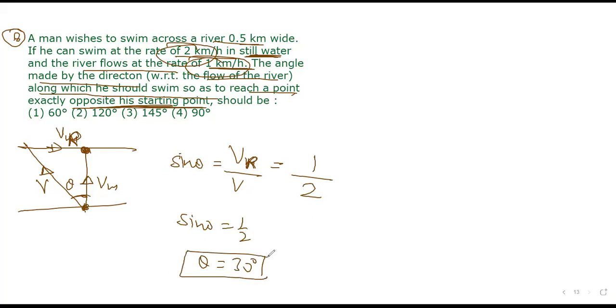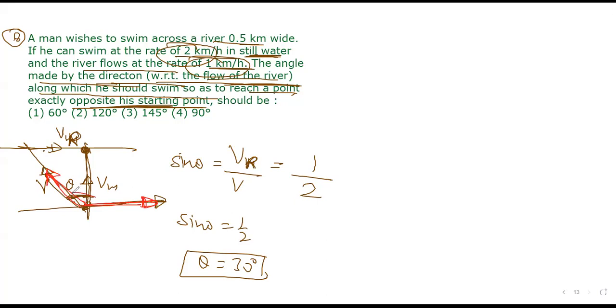But see, this angle is with respect to this direction. They have asked in which direction he should swim with respect to the flow of the river. With river direction, what angle is it making, that you want to calculate. This is the direction of river flow, the red arrow that I'm showing, and this is the direction of the man.